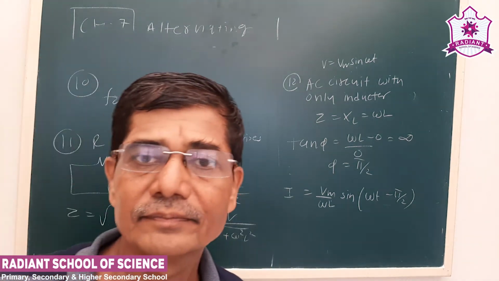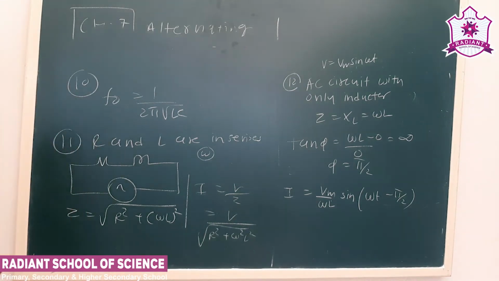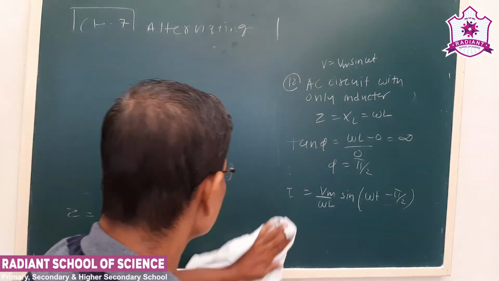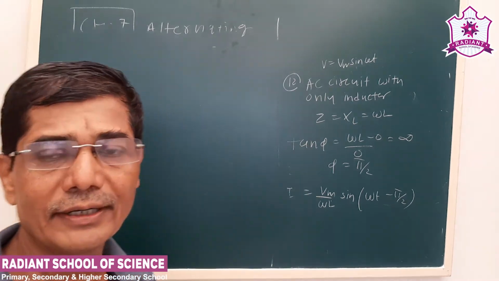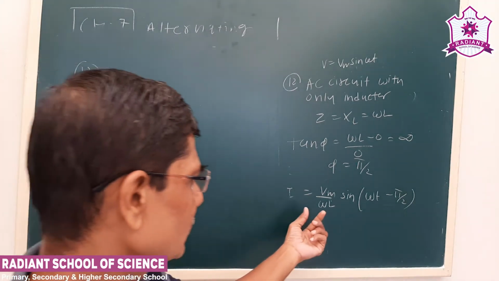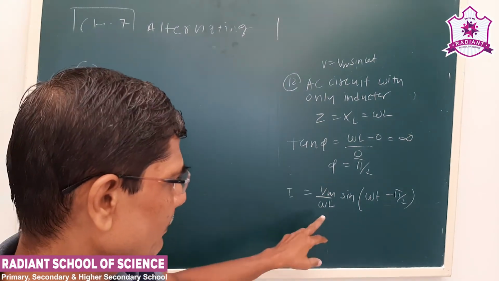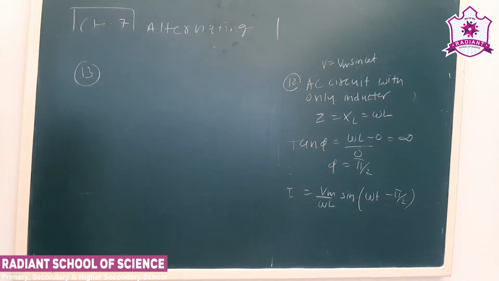So this is how we can write the equation of the current in AC circuit with only inductor. Now next is MCQ number 13. See here, in 12 number MCQ only inductive reactance is there. So omega L with the impedance, current will be Im is equal to Vm upon omega L sin omega t minus pi by 2. See, that will be our answer.